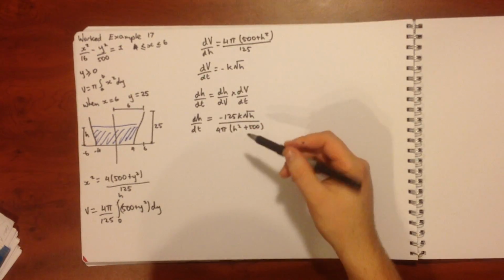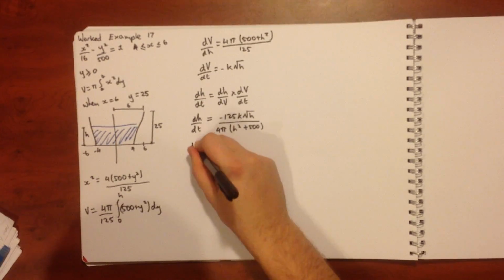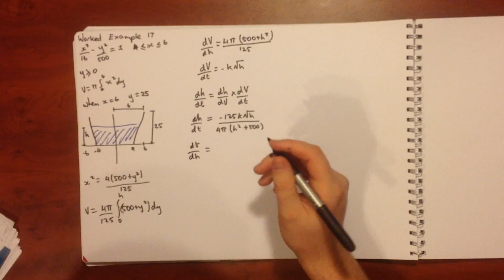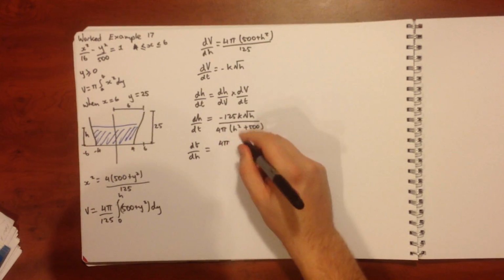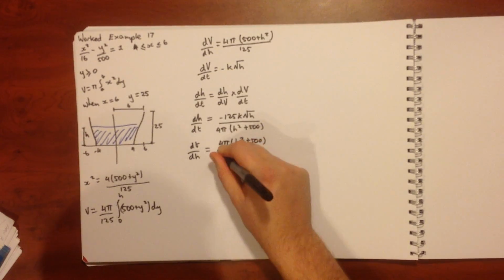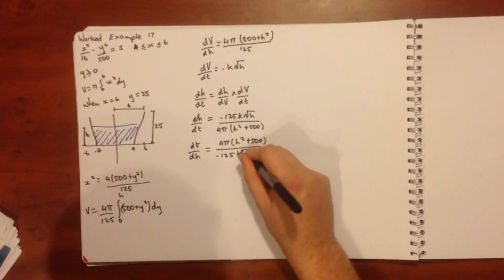When we want to find t, we need to flip this and make it dt/dh. Then we end up with 4 pi times (h squared plus 500) on 125 k times the square root of h.